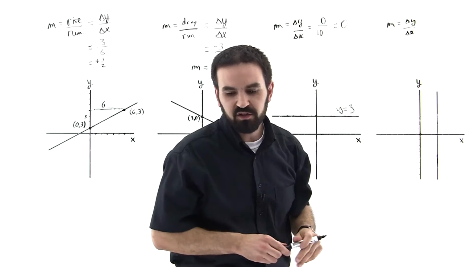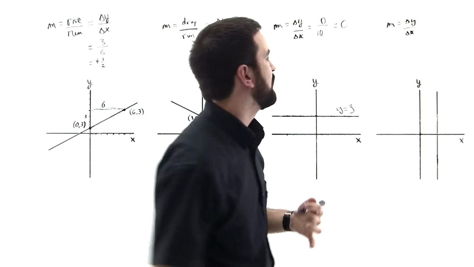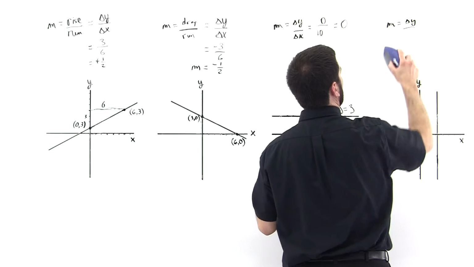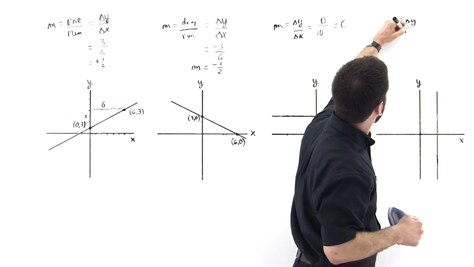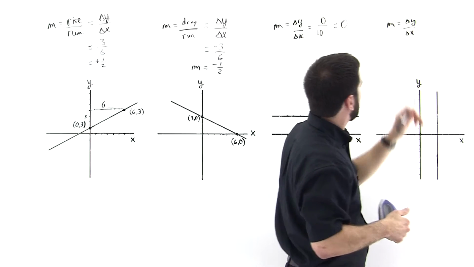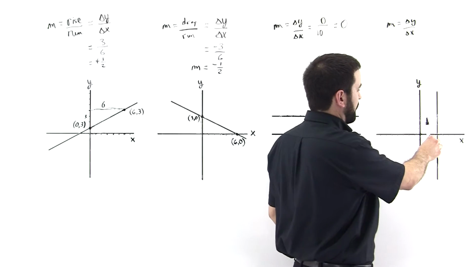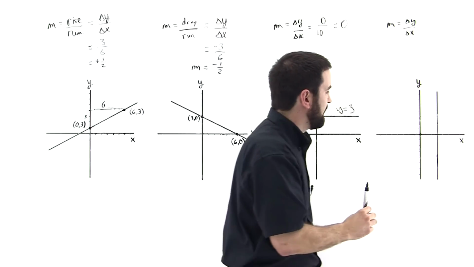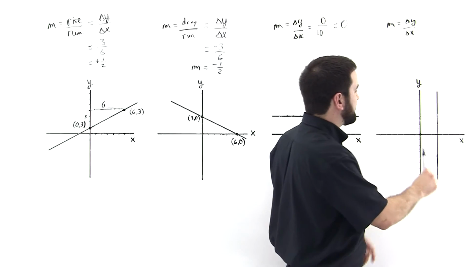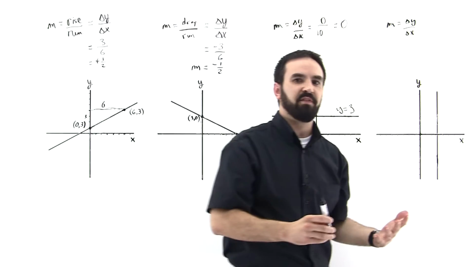If we change by some small amount delta x, then we're completely off the graph, right? So the slope of this thing is just straight up, it's infinite.